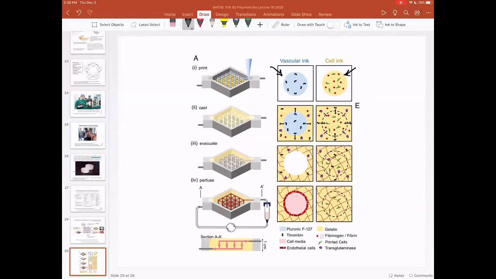Eventually, if you do this perfusion in just the right way, you get a real blood vessel that's covered in these endothelial cells, and then you have your biomaterial. There are lots of different ways that people have done this, with phase change polymers, with dissolvable polymers, with lots of different materials.